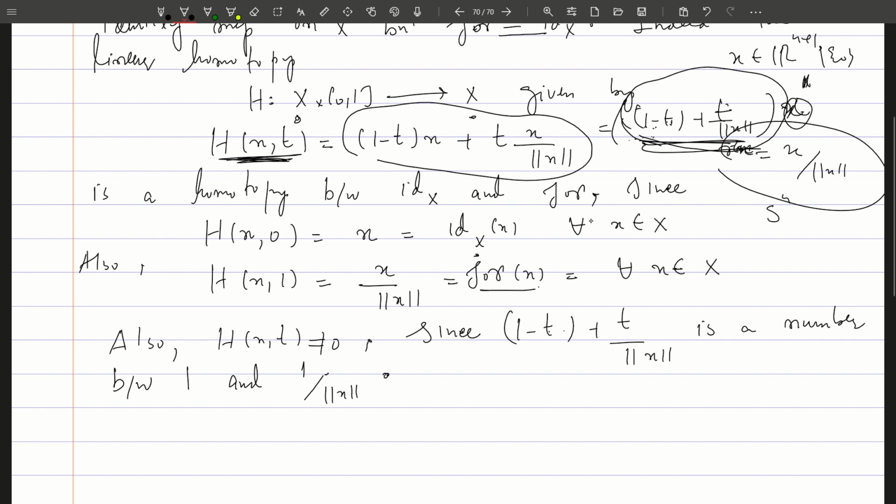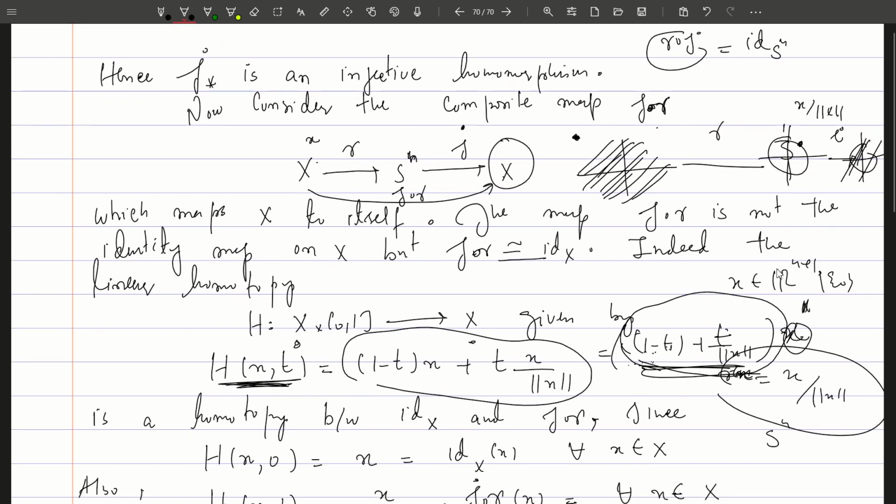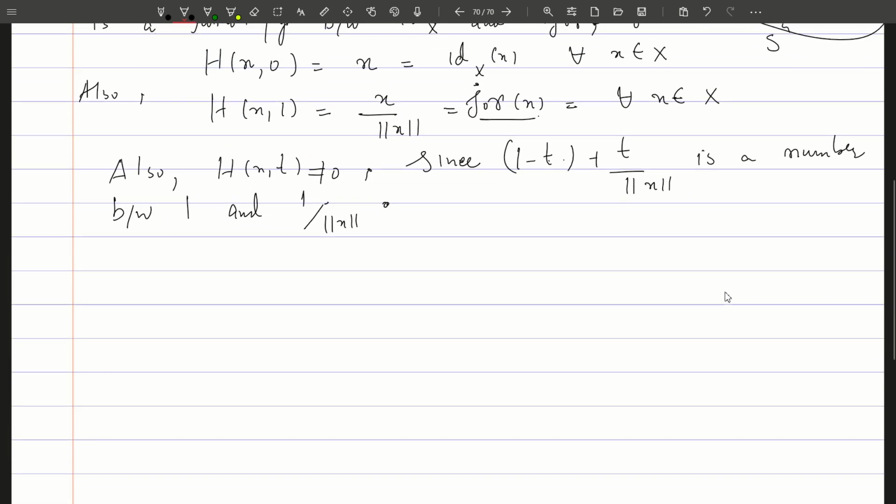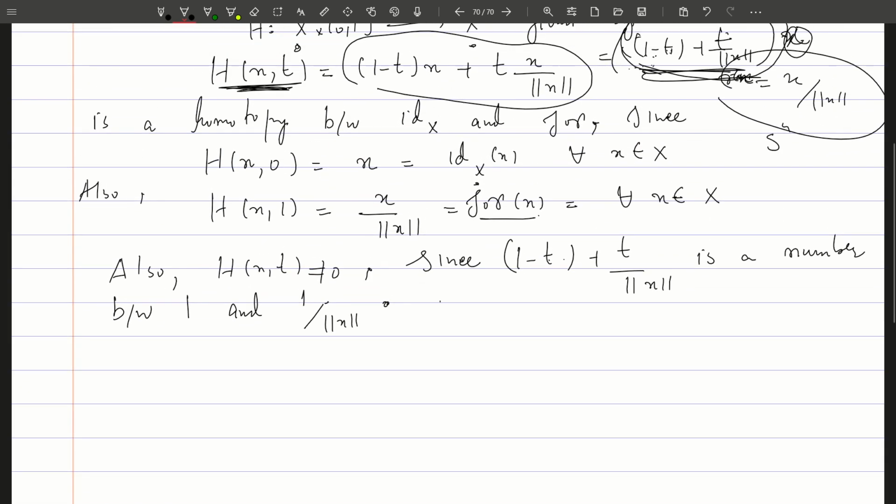Also, let us look at what is going to happen at b naught during the homotopy. h of (b naught, t) is the same as 1 minus t times b naught plus t times b naught divided by norm of b naught.